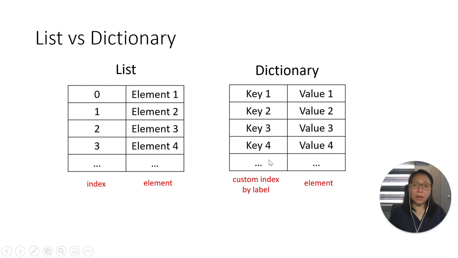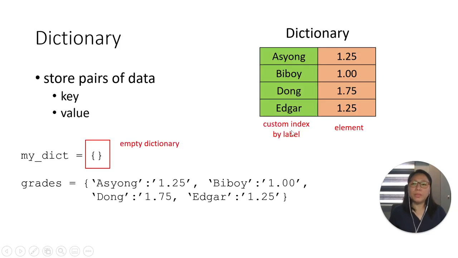So that's the difference from an index. So there is a key associated to a value. So here, in a dictionary, we store key value pairs. Let's say we have the key here, the name of the student as shown, and then the pair, its value is the grade, which is 1.25.